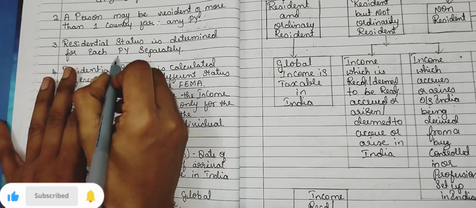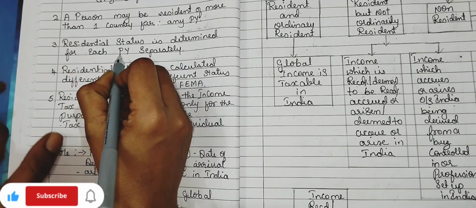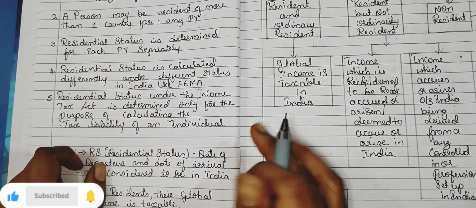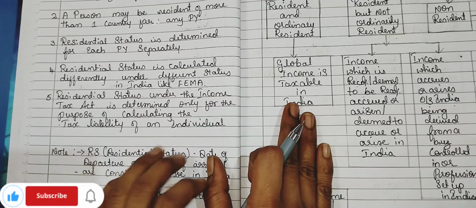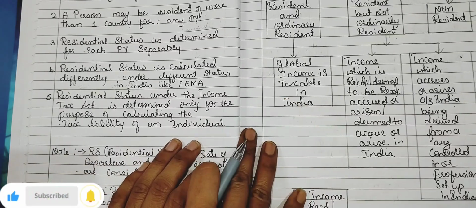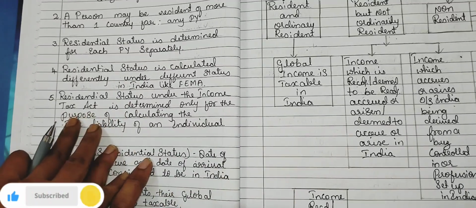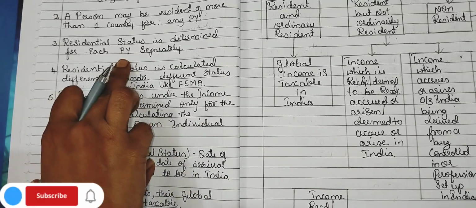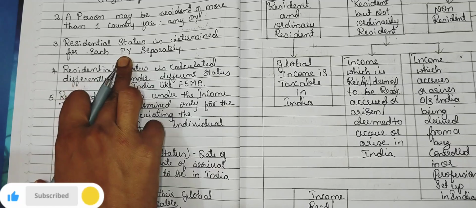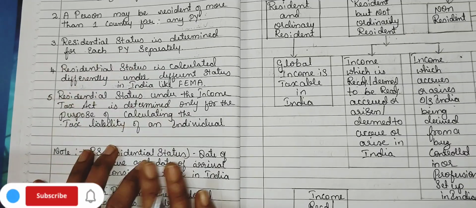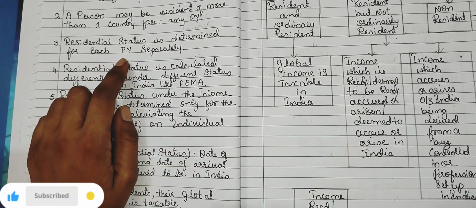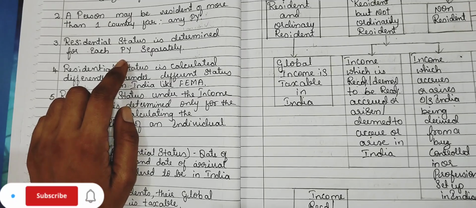Here we are focusing on the previous year because we are calculating residential status in the assessment year based on the income which he has earned in the previous year. That's why we will check the residential status in the previous year. So this previous year will be the present stay of the assessee.